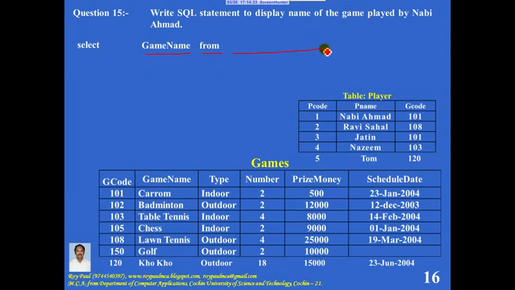Here multiple tables are there because data is taken from two tables. So first let me write the master table name comma the child table name. Now whenever you retrieve data from multiple tables, always there is a condition.